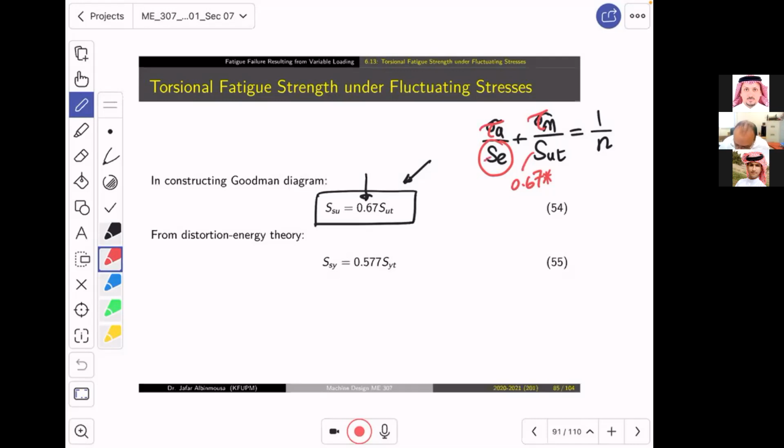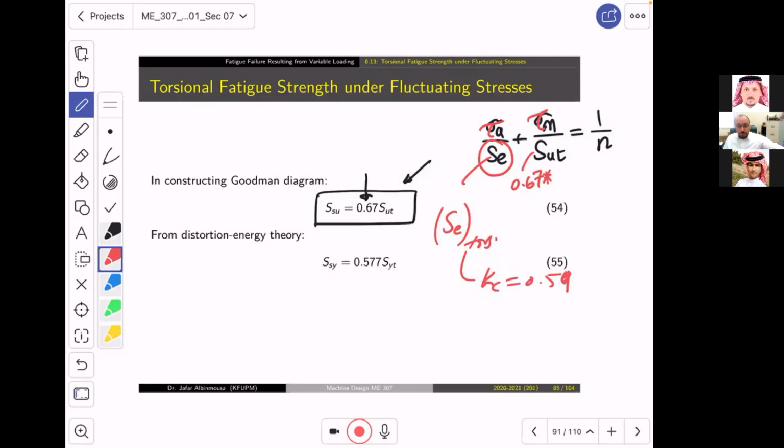So we can convert this one for Se torsion by applying Kc equals 0.59. And with that, we just converted the endurance limit for torque, and we converted the Sut for torque, and this is how we can use the equation for torsion only.